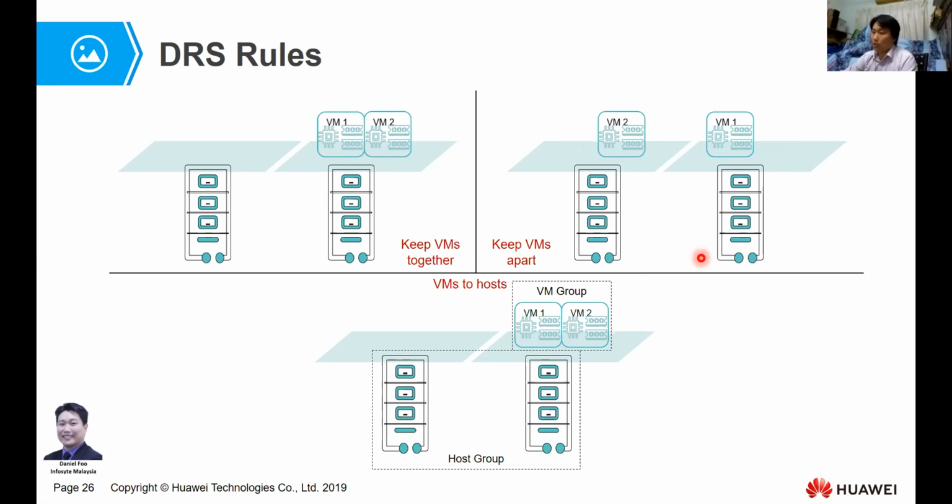This works on top of the HA function to reduce your service downtime. In this scenario, your virtual machine services will not go down because they have a 1+1 cluster function. There's another option here, virtual machine to host.